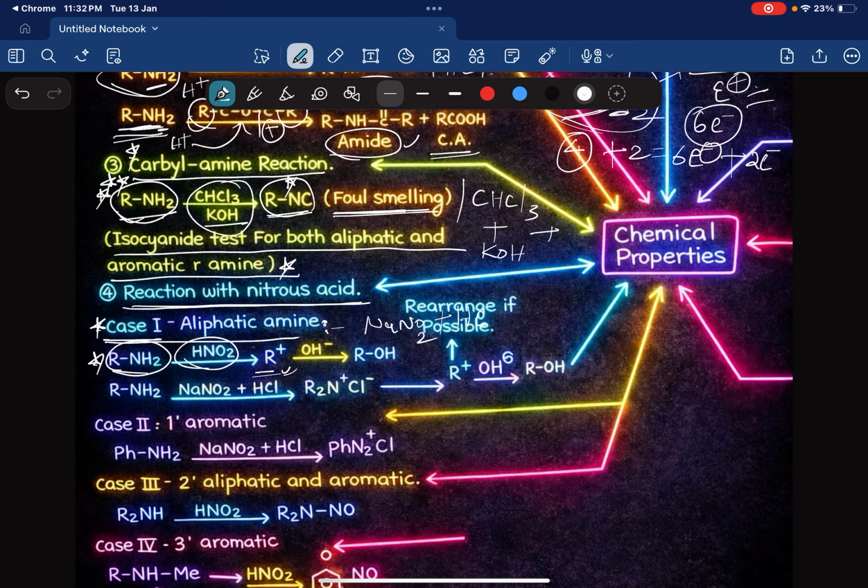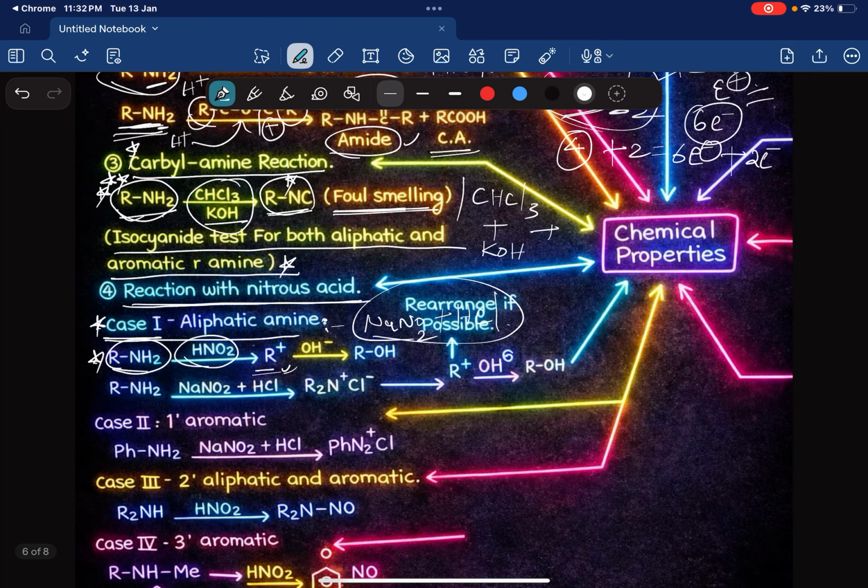Just this together will give HNO2 or HONO, and we get the carbocation. This carbocation is possible to form only with primary aliphatic amines. After that, OH minus will attach to this and primary alcohol is formed.